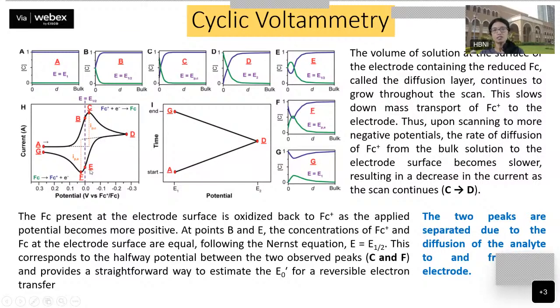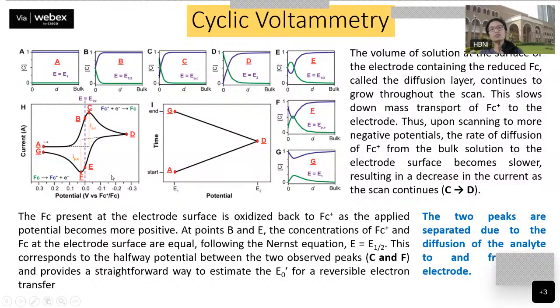This is according to the Nernst equation, because E is equal to E half. This corresponds to the halfway potential between the two observed peaks, C and F. This provides a straightforward way to estimate your E0 value, which is nothing but the formal potential value for a reversible electron transfer. Why are these two peaks separated? This is due to the diffusion of the analyte to and from the surface of the electrode.